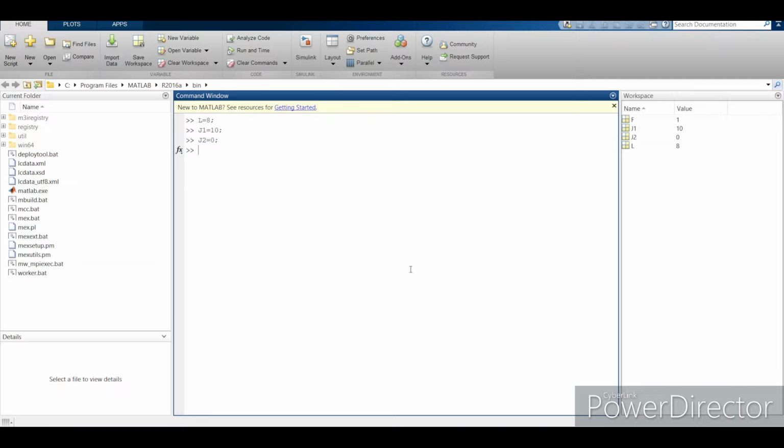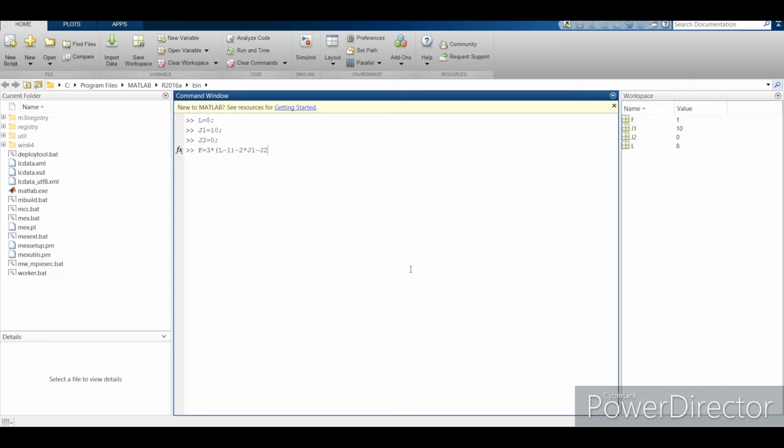Now you write down the equation to find the mobility. Let's say F is equal to 3 multiplied, for multiplication you have to give the star symbol, into L, we have taken L here for the number of links, not n, so I am writing here L minus 1, bracket close, minus 2 multiplied by J1 minus J2.